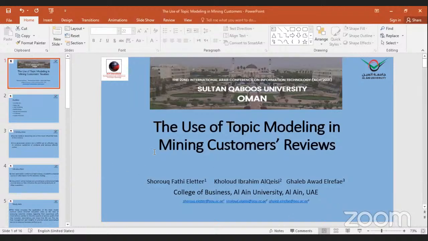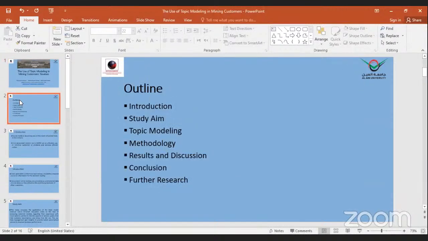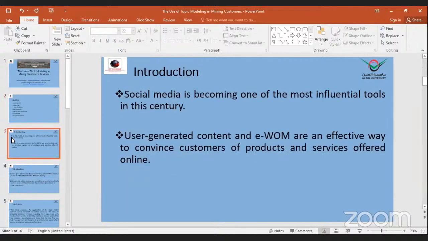Well, our work is titled "The Use of Topic Modeling in Mining Customers' Reviews." The outline: introduction and study aim, a brief look at topic modeling, the methodology, results and discussion, conclusion, and further research. As you know, social media is becoming one of the most influential tools in this century.